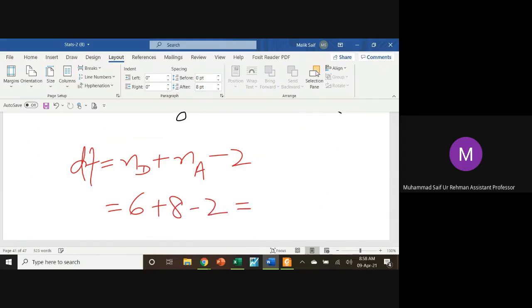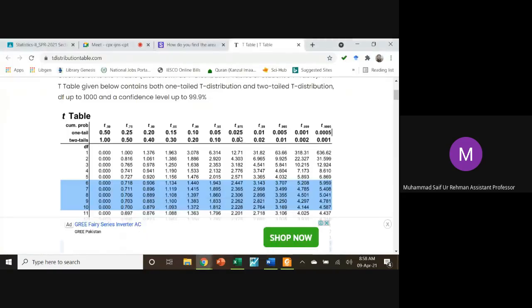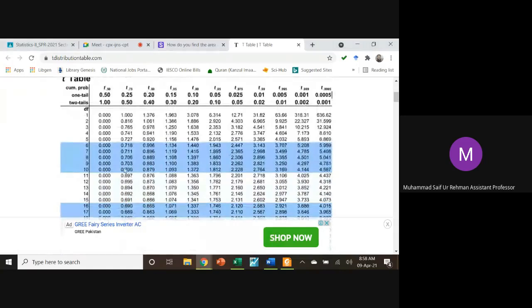What is the answer? 12. So 12 is your degree of freedom. Fine. So now you will come over here, and against this 0.025, you will come down and see where is 12. This is 12. Move rightward. See the intersection. So this is the intersection point: 2.179.